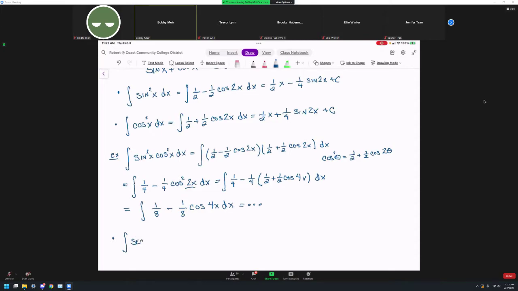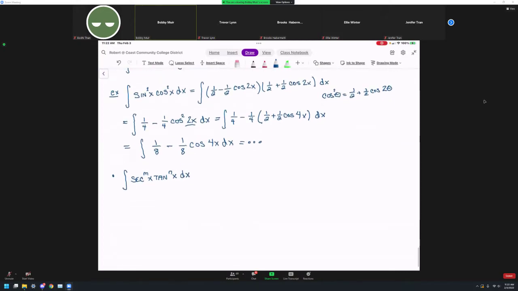Okay. So now let's turn our attention to the secant tan stuff. And again, there are some that are easier than others.